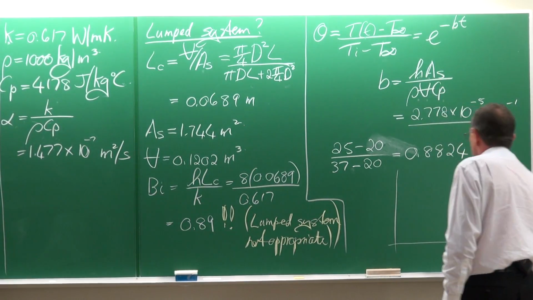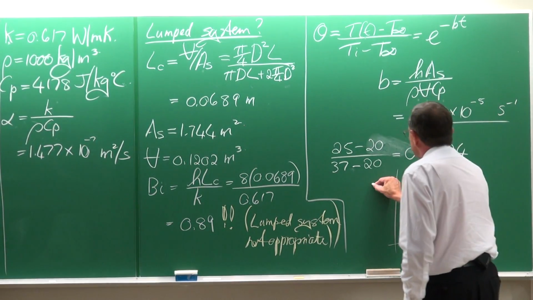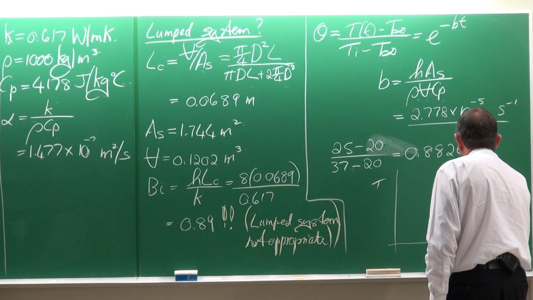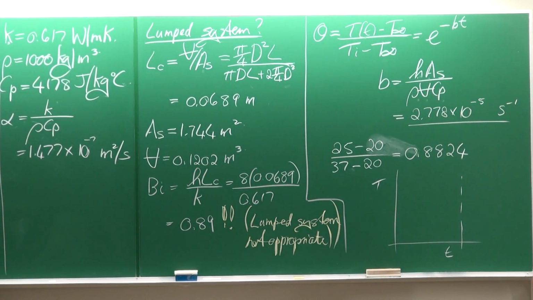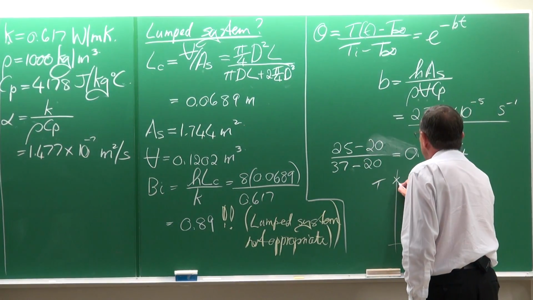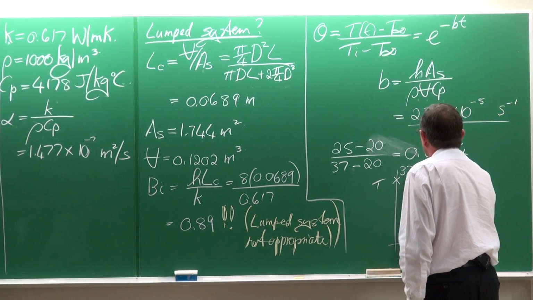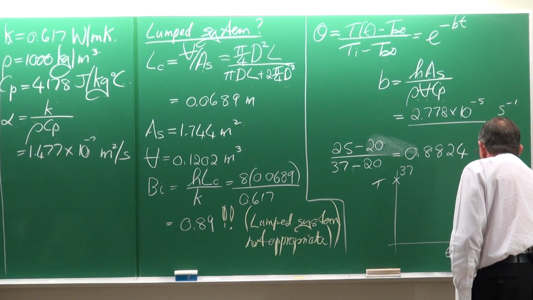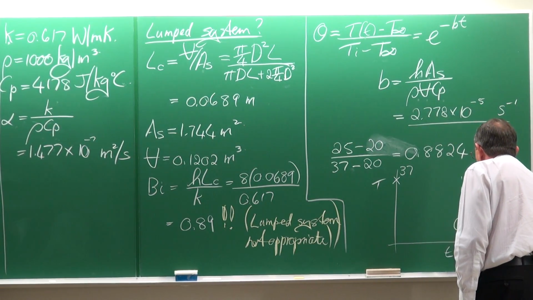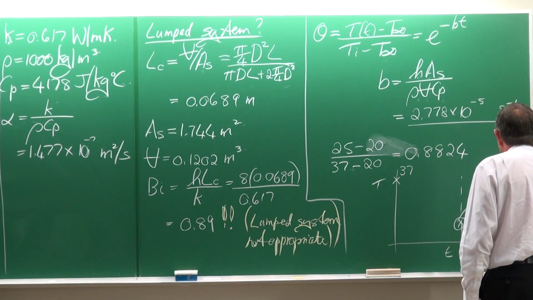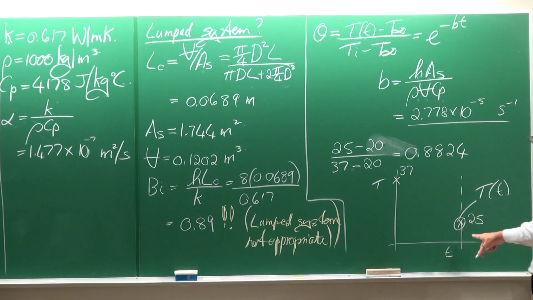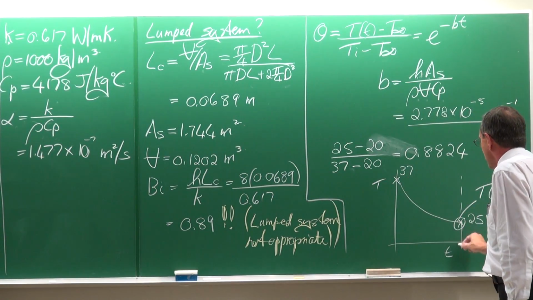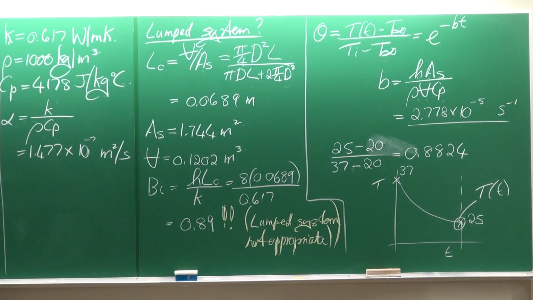Remember, the original temperature was 37, and we are now at 25. That is the temperature as a function of time, and we want to determine how long ago the body was at 37 degrees Celsius.